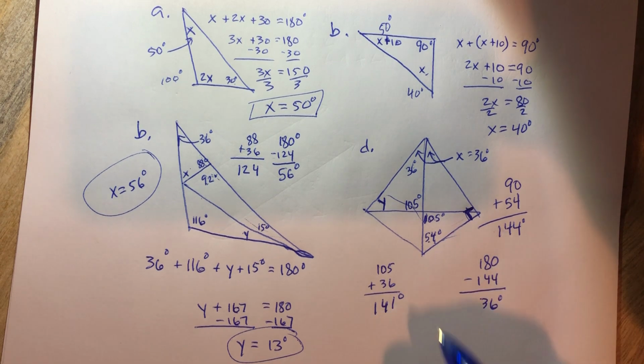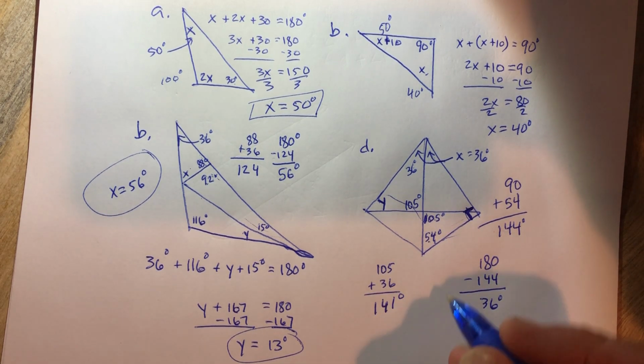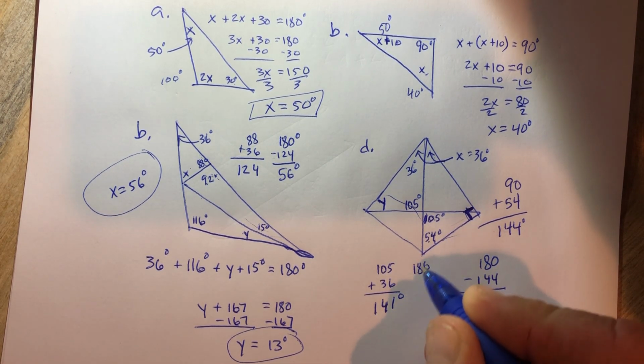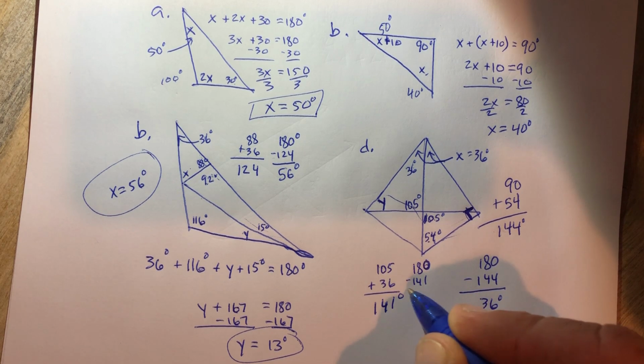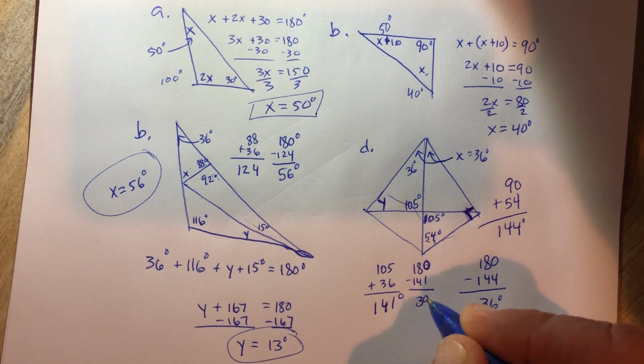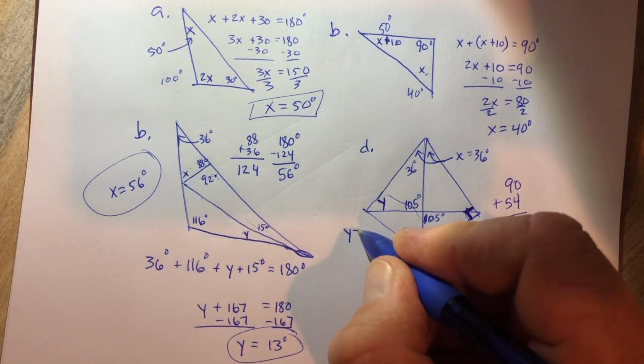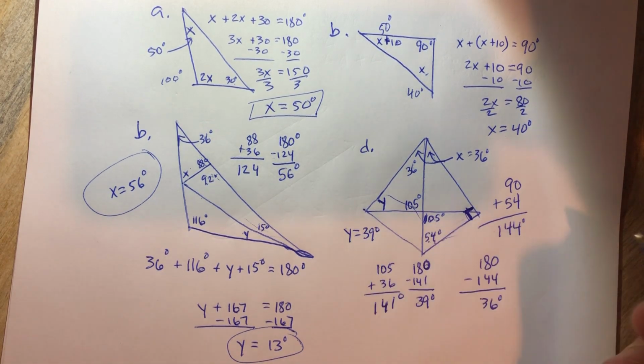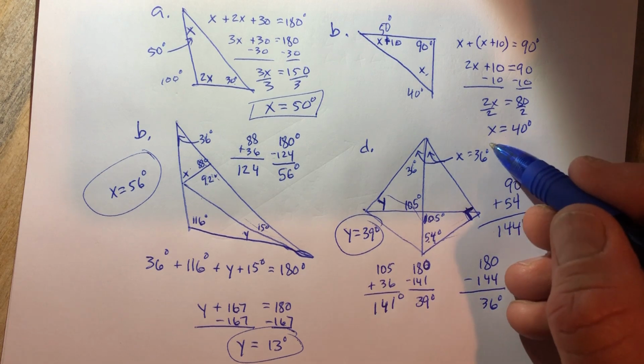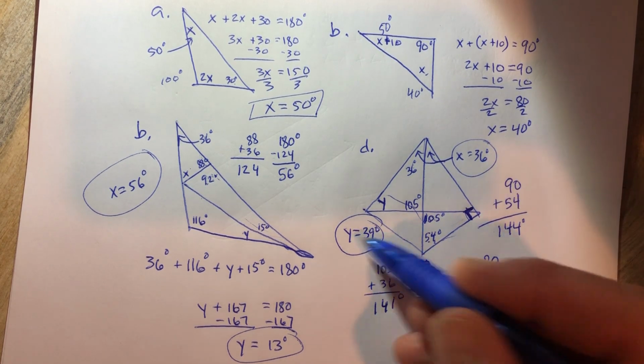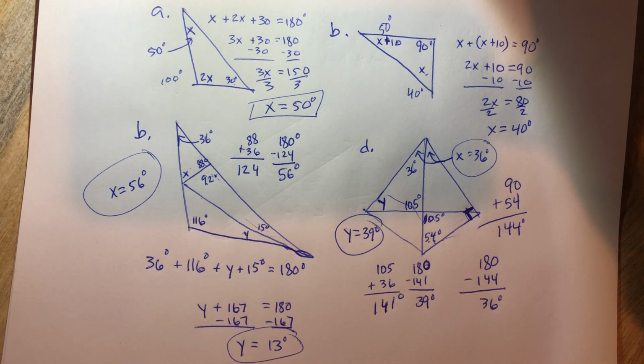I'm going to take that and subtract it from 180. So 180 minus 141 is going to give me 39 degrees. So y equals 39 degrees. And there are my missing measures. x is 36 degrees and y is 39 degrees.